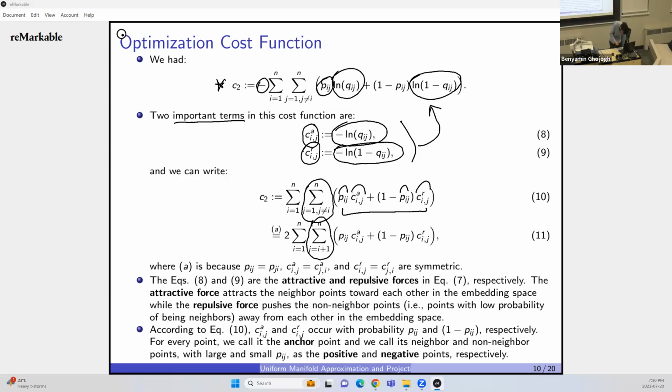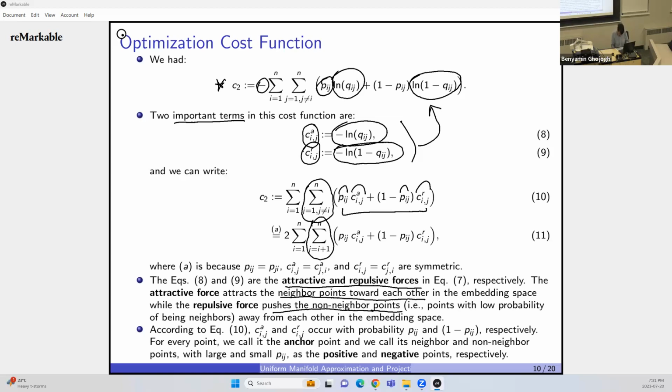Equation 8 is the attractive force and equation 9 is the repulsive force. The attractive force attracts the neighbor points toward each other in the embedded space, while the repulsive force pushes the non-neighbor points away, right?